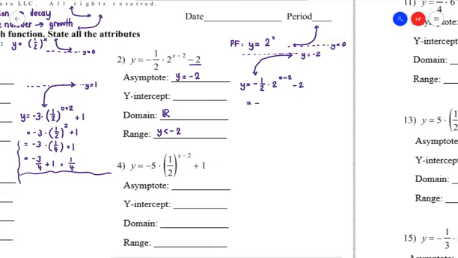We're going to plug in a 0. -1/2 times, this would be 2 to the -2, which is 1/4, minus 2. -1/2 times 1/4 is -1/8. -1/8 minus 2 is -17/8.